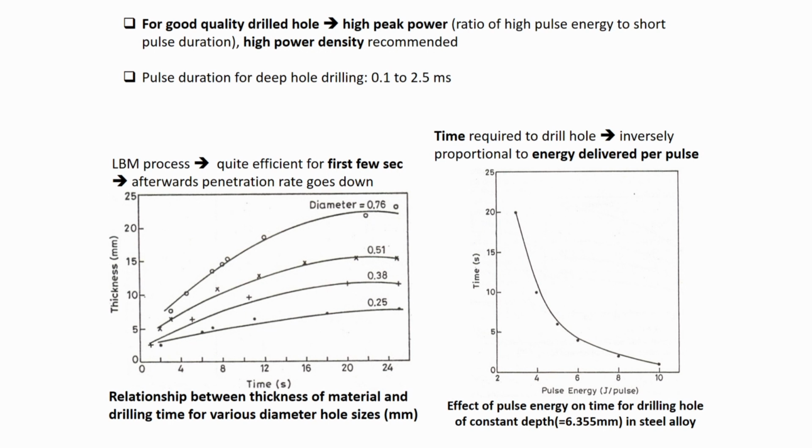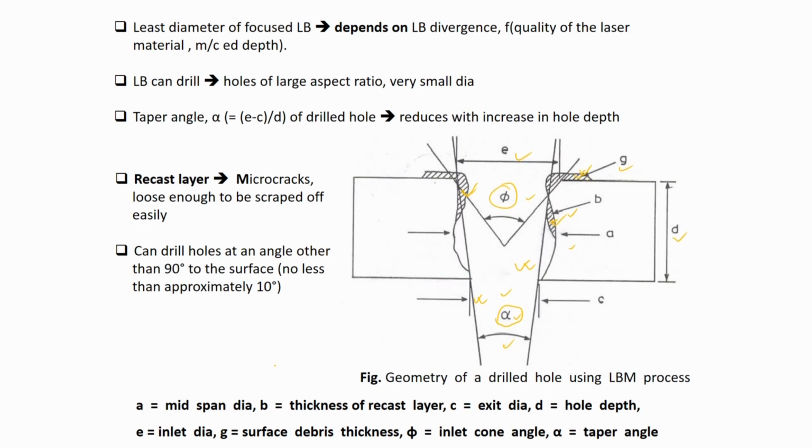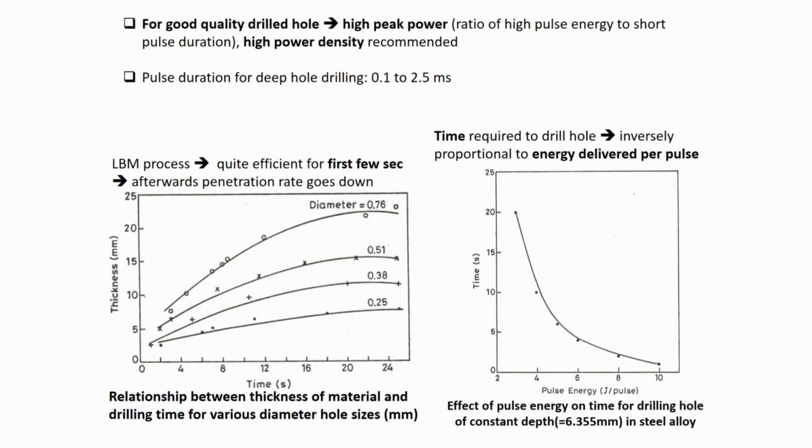Here you can see the thickness of the workpiece material machined by this laser beam with time. So with time, this is how the thickness of the machined hole is drilled. You can see this laser beam machining process is effective for the first few seconds, where thickness increases with time, but after some time it becomes flat.